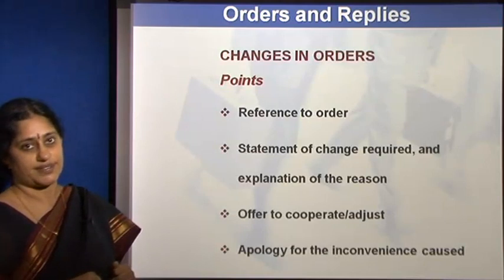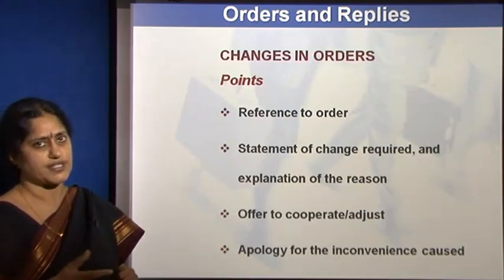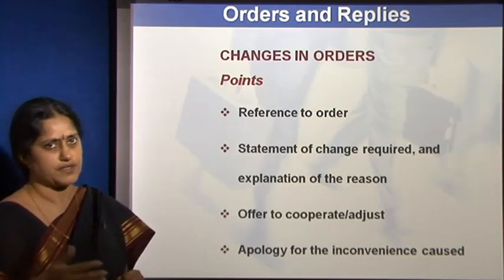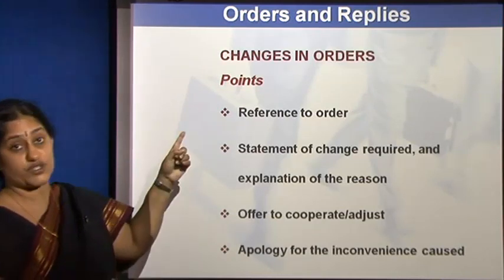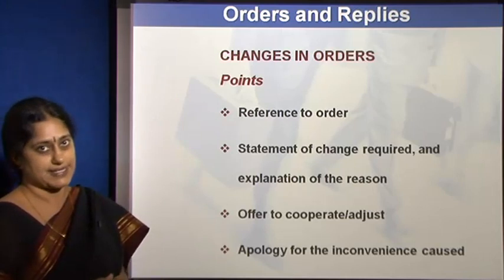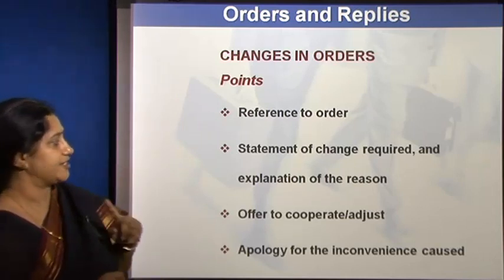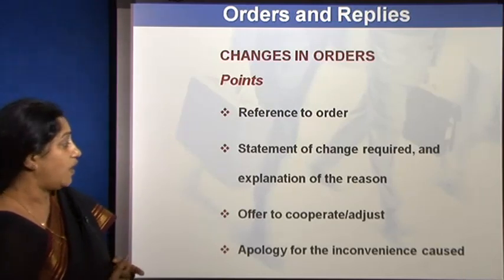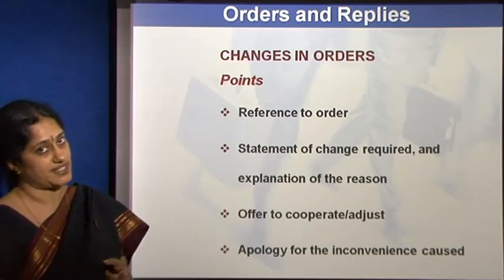Changes in orders. There could be changes in orders. Some specifications may change. So this is part of the business. Reference to the order, the first order that was placed. Statement of change required, an explanation for the reason. Offer to cooperate or adjust.